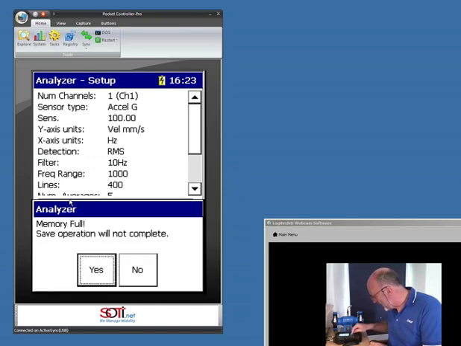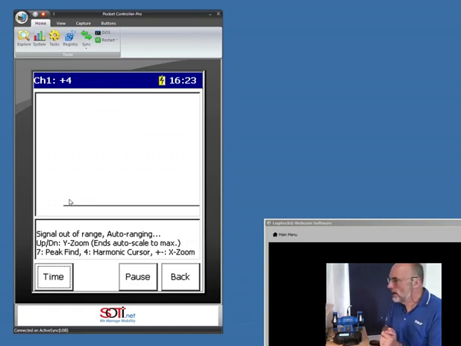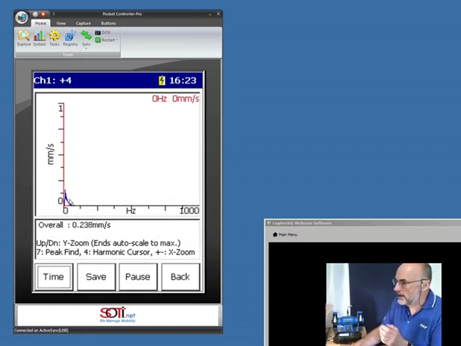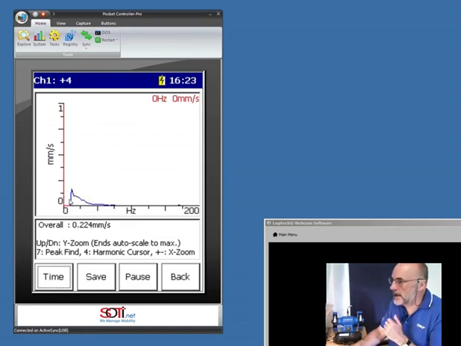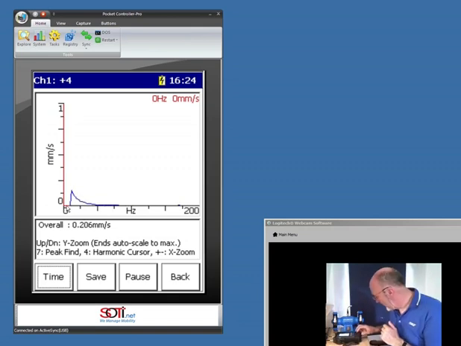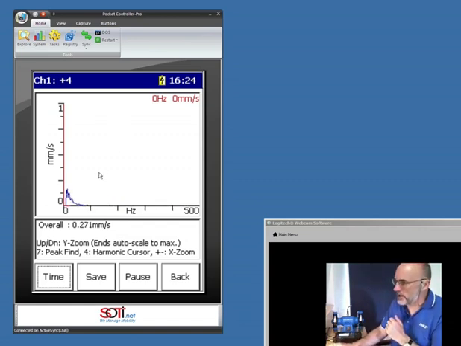But I'm going to use a 10 Hertz filter, and I'm going to press start again. We're off and running, taking our measurement, and if I zoom in on that, you can see that it's chopped off the signal below 10 Hertz or 600 revs. You might be sitting there saying, well, there's still something going on.